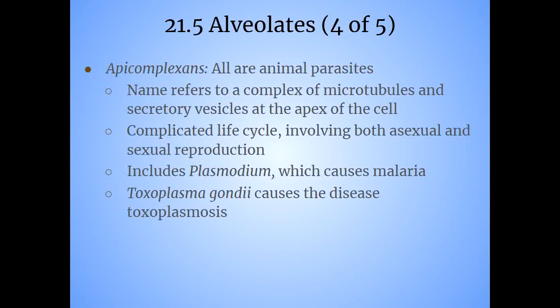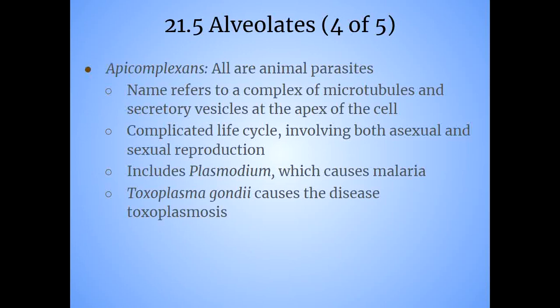Women who are expecting are told by most doctors to try to limit their interaction with cats, especially cat litter boxes, because cats that spend some time outdoors can pick up the cysts of this protist, and then that can be passed through the cat into their feces. And then when you go to clean the litter box, you can inhale that cyst, and then it goes into your body, and it causes some serious problems for the fetus.